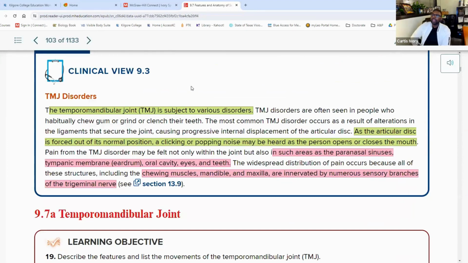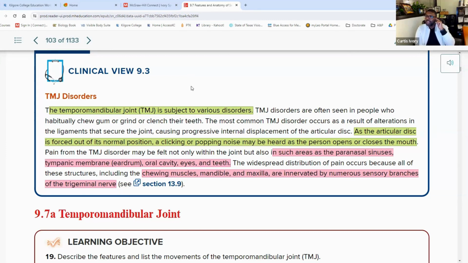So there's a type of disorder with a joint called TMJ. TMJ stands for temporomandibular joint. If you don't know what that is, break the word apart. Temporal would mean your temporal region. Mandibular would be your mandible. And there's a joint, where two bones meet. The place where your mandible and your temporal bone meet is right here in front of your ear.